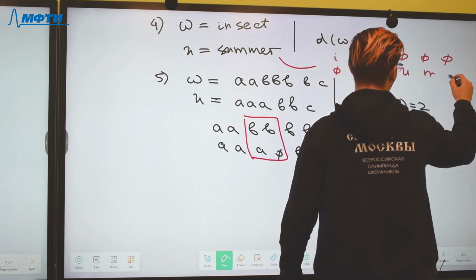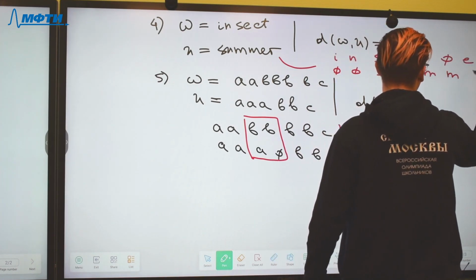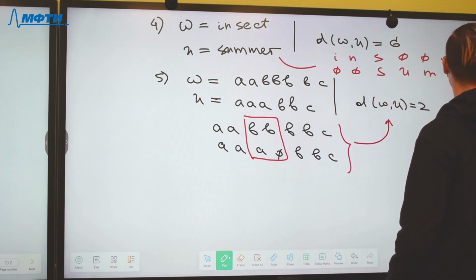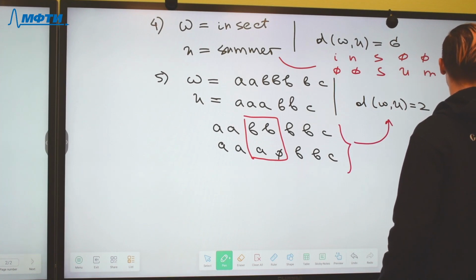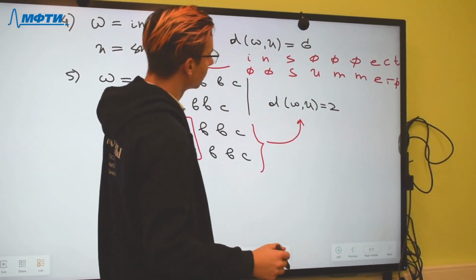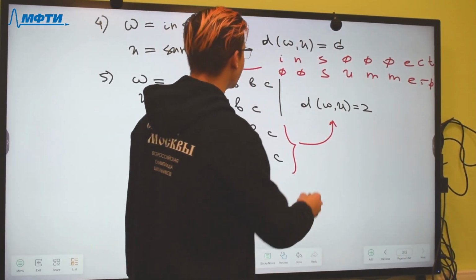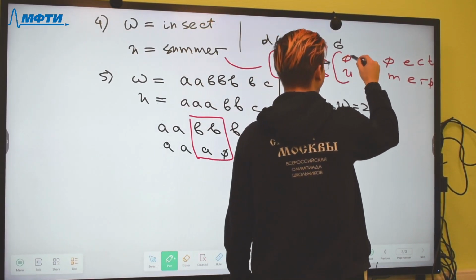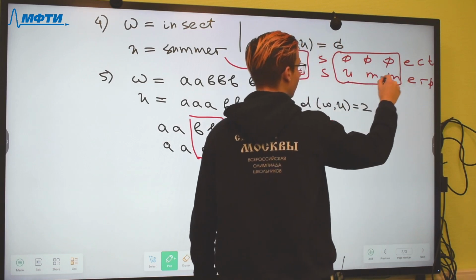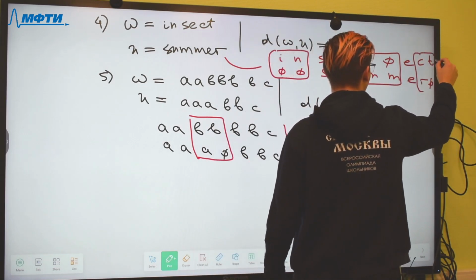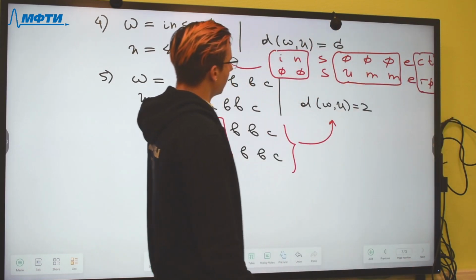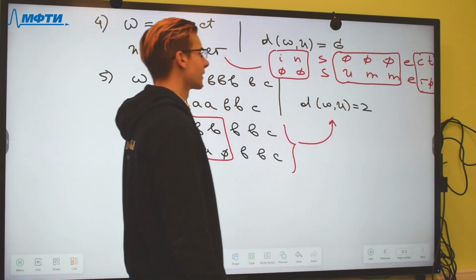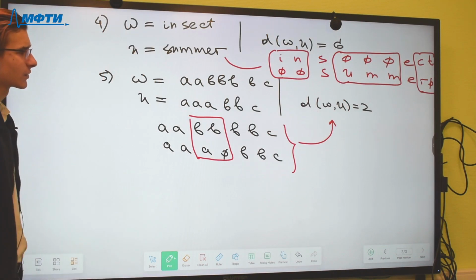E. E. R. DT and E and R. But here we find more than 6 places where they're different. You can see that. Yes. 1, 2, 3, 4, 5, 6, 7. 7 places where they're different, so it's not good.